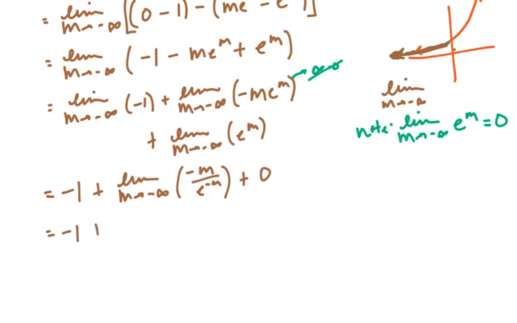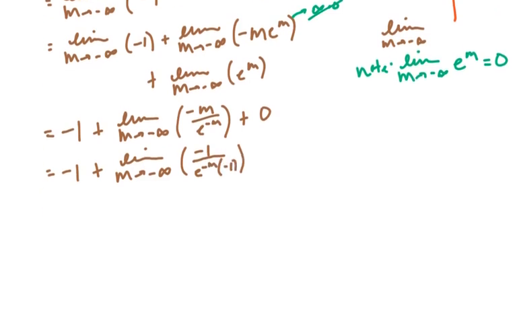So we have negative 1 plus the limit as m approaches negative infinity. And the derivative of negative m is negative 1. And the derivative of e to the negative m is e to the negative m times negative 1. We don't need to write that plus 0 on the end. So we have negative 1 plus the limit as m approaches negative infinity of the two negatives make a positive, and we can move the e to the m up.